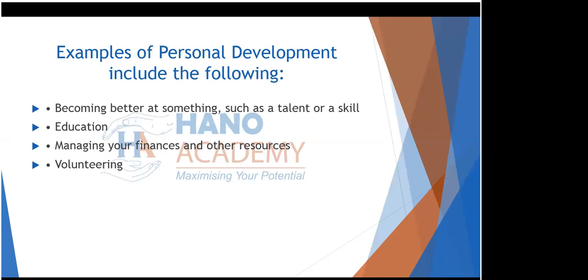It also helps you better your education, as we have mentioned, among other components. So these are just a few examples of personal development in our society, but there are many other examples.